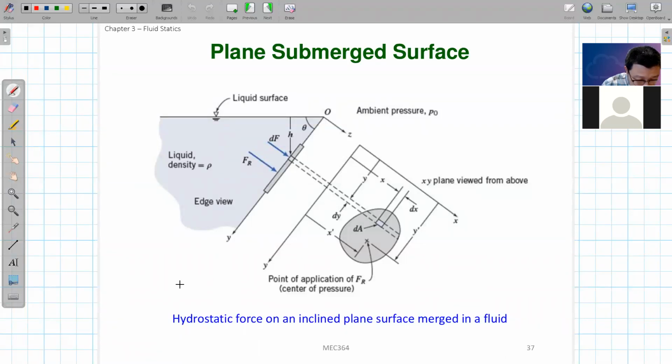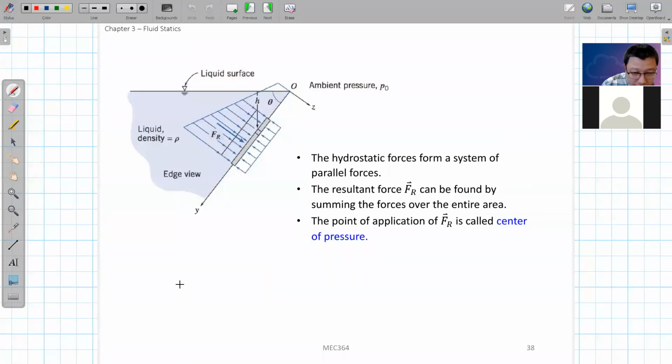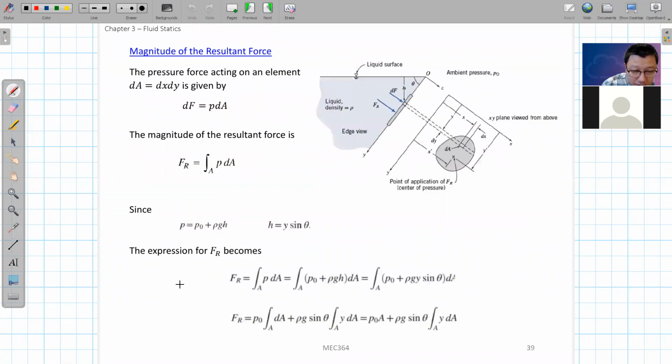Okay, and in the last class, we quickly went over how the magnitude of this pressure force is calculated, right? This is how we calculate the magnitude of the resultant pressure force F_R. And to calculate it is pretty simple.